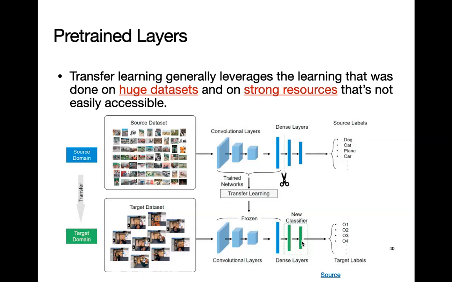So depending on how many targets you have in your new task, you define your own architecture, but you connect it with a pretrained architecture. For your new training data, you pass them through the frozen part. All the feature extraction that it knows, the low-level features that it knows, will all be presented as the input to your model.